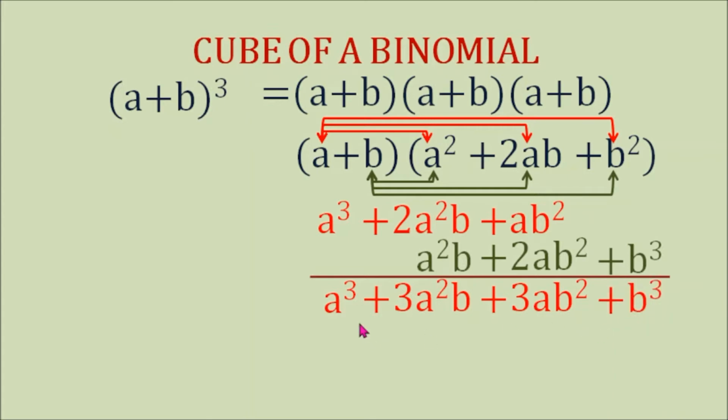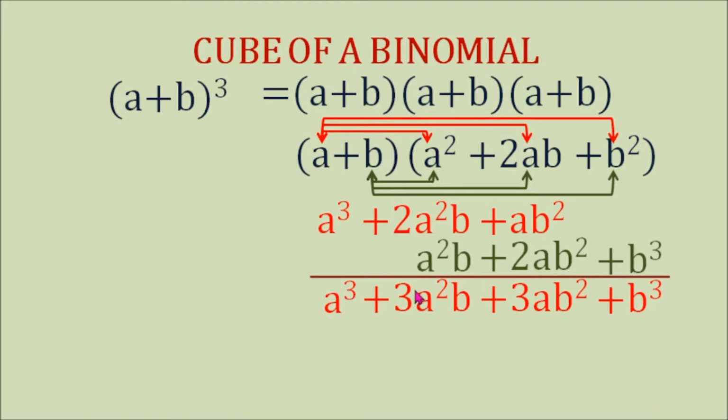We see a pattern here. The exponent of a on our first term is 3, on our second term is 2, and on our third term it's 1, and we don't have a on our fourth term. For b, we don't have b on our first term. The exponent of b on our second term is 1, on our third term is 2, and on our fourth term is 3.